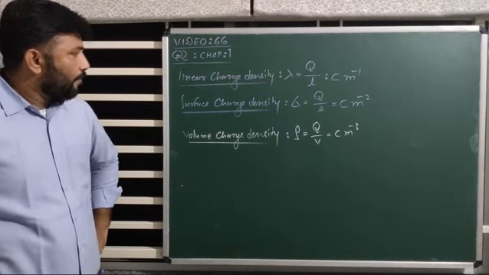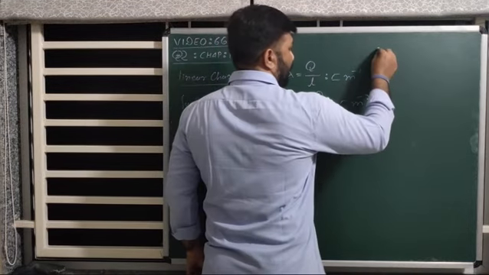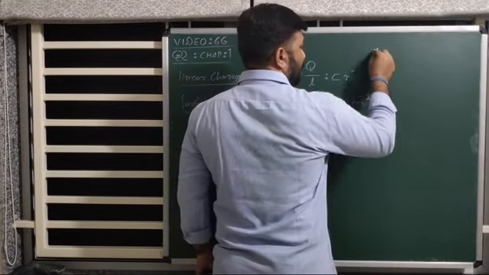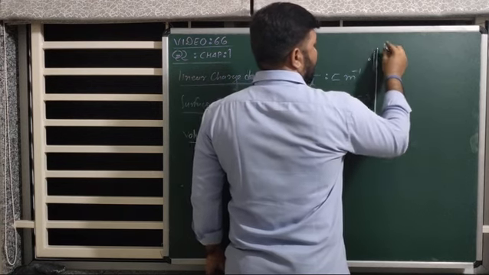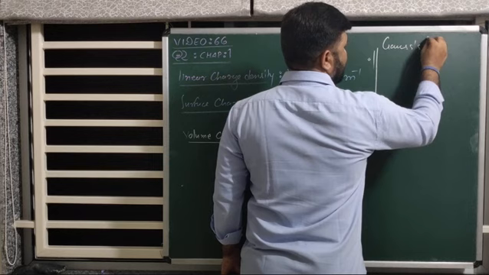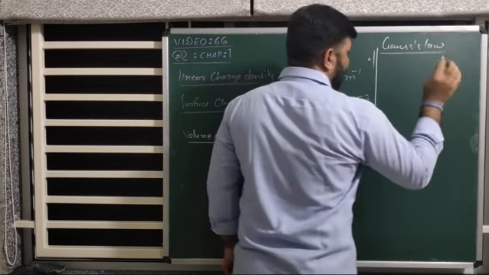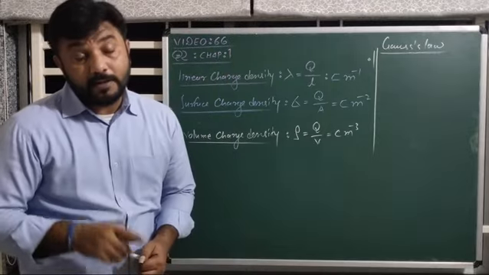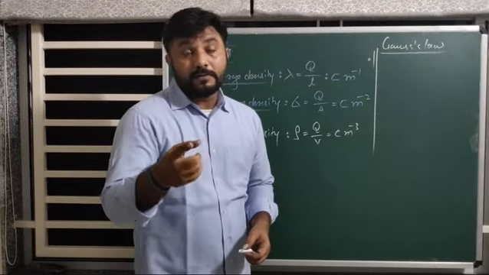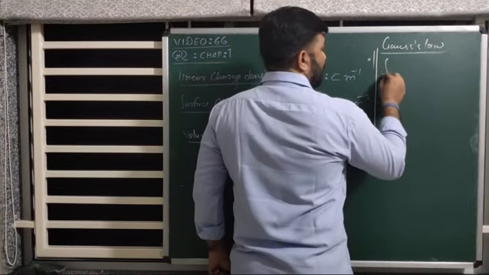It's okay now? Okay. Now let us see one of the most important equations of Gauss law. What was that equation? First of all, I am writing the equation, then after you have to think about the statement. What was that equation?